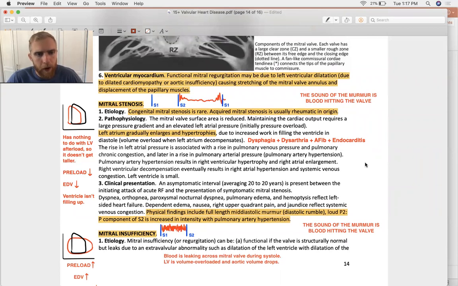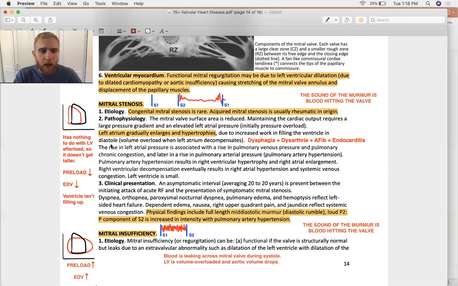This is a pretty rare pathology. It's usually due to rheumatic heart disease. And because it's a stenosis, it means that we're having trouble putting blood into the left ventricle from the left atrium. And so if we look at the left ventricular pressure volume loop, what we see is that preload is down. Preload's down because it's not filling with as much volume.